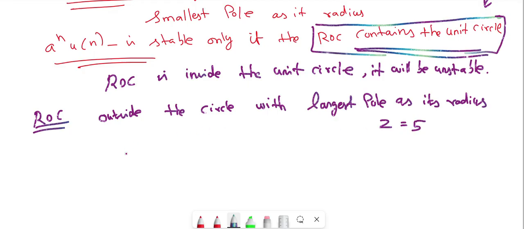So the system is causal only outside the circle.